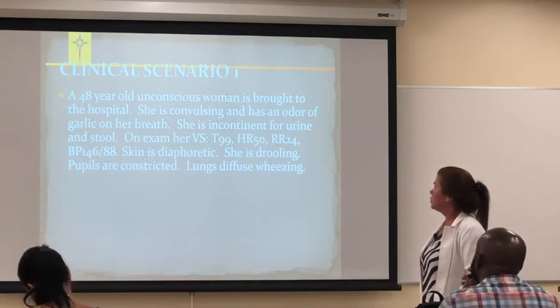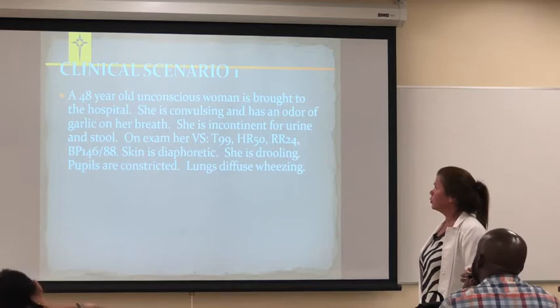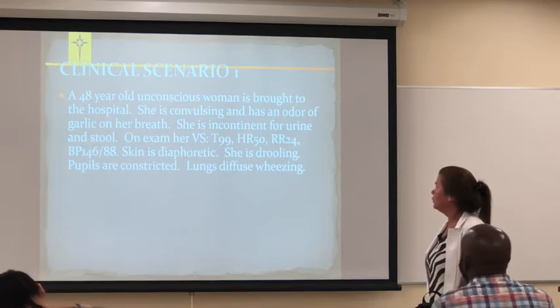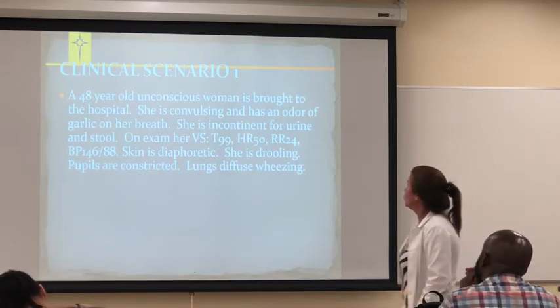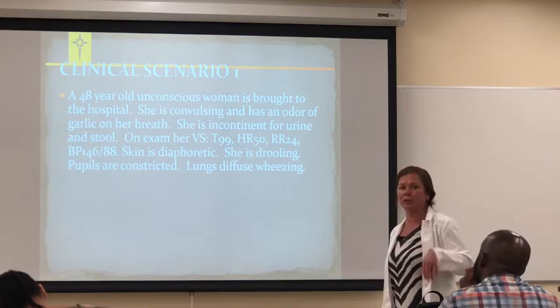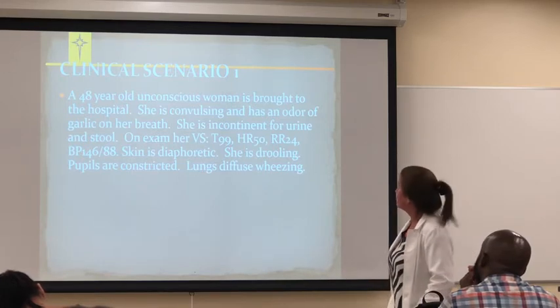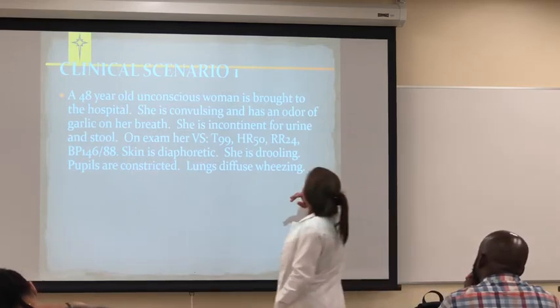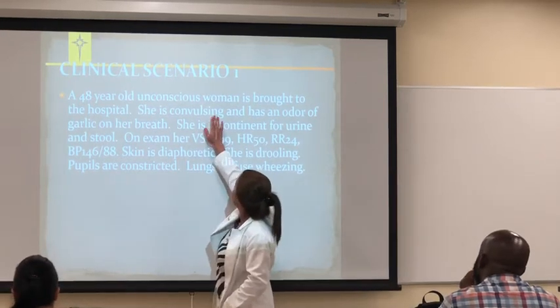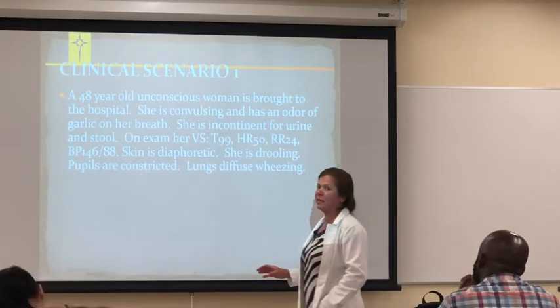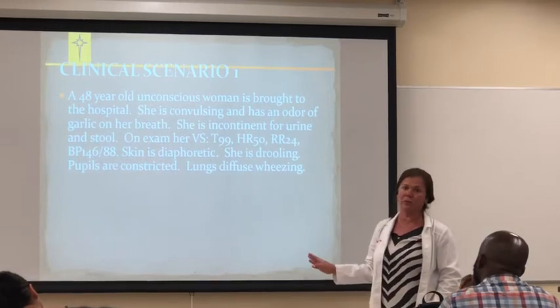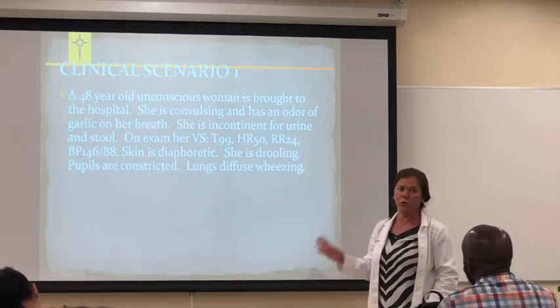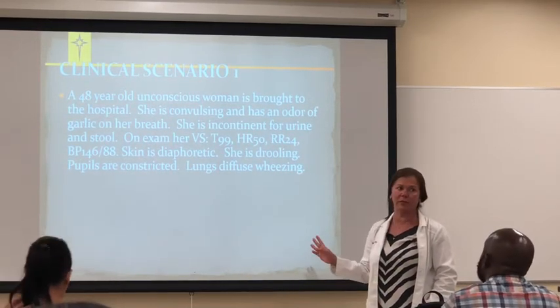Skin diaphoretic, she's drooling, pupils are constricted, lungs with diffuse wheezing. So going through all the toxidromes that we have discussed, if we have here a patient convulsing, first of all, I'm saying that this is a patient that has altered mental status, right? So the mental state is compromised already.